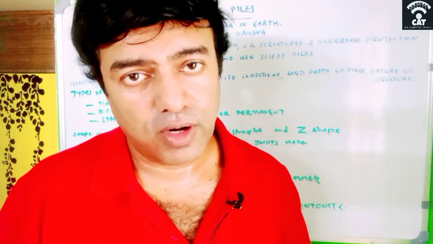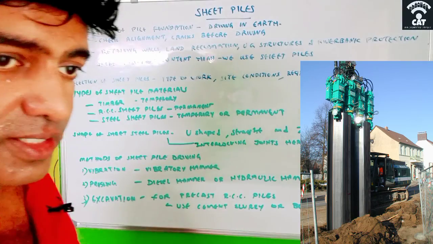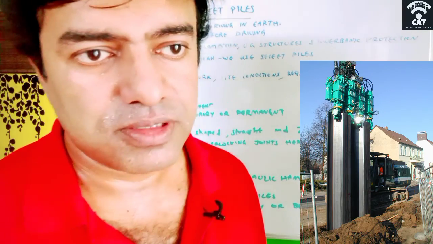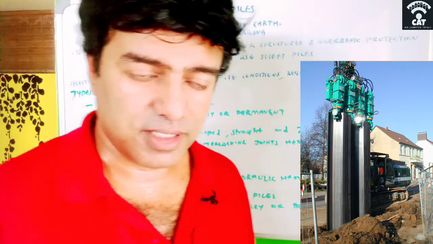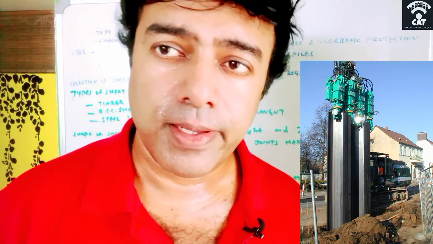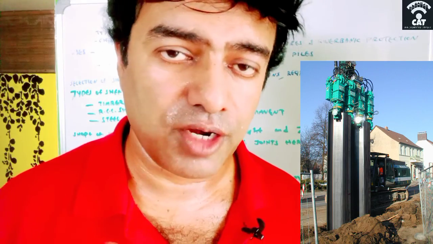And the second one is the pressing method. Pressing method means it is just pressing, because if it is a populated area, if it is a city and we have to put the sheet pile, then we have to go for this pressing method. The pressing method can make use of two types of hammers. One is the diesel hammer and the other is the hydraulic hammer.